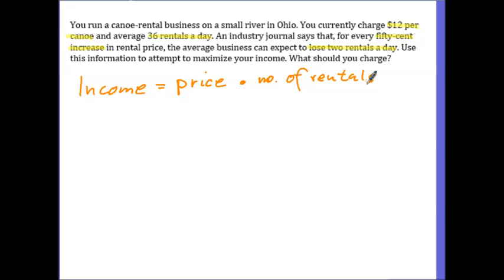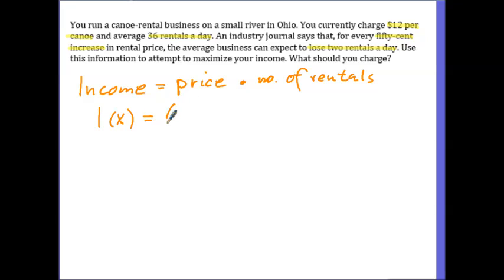So what is going to be our variable here? What we can use as our variable, the thing that we don't know yet, is how many times should we increase or decrease the price per rental by 50 cents. So X is going to be that increase or the number of increases or decreases in price.